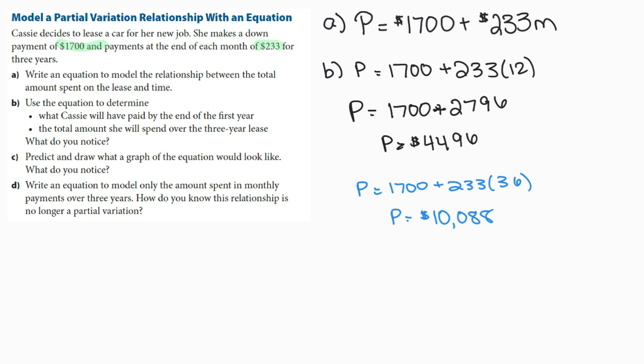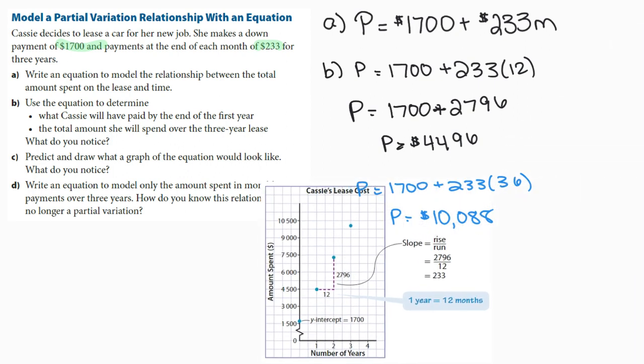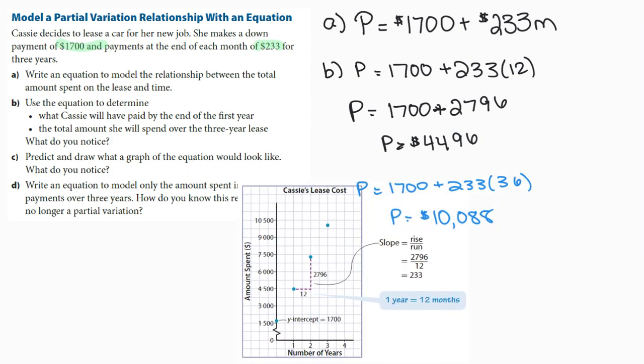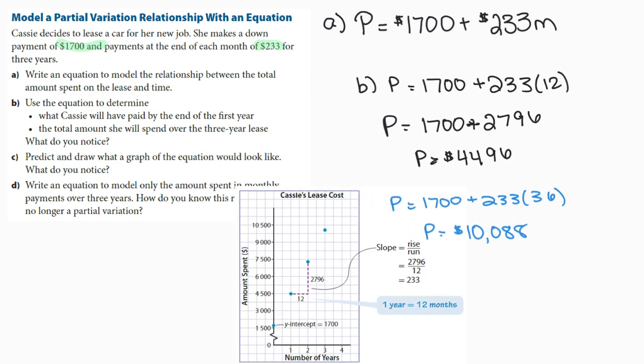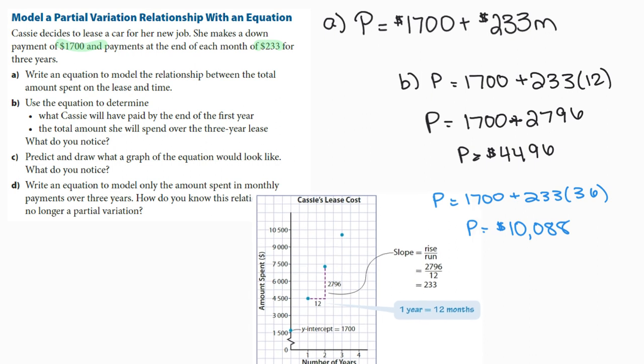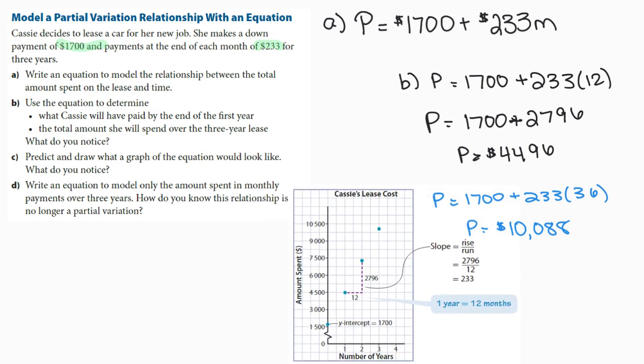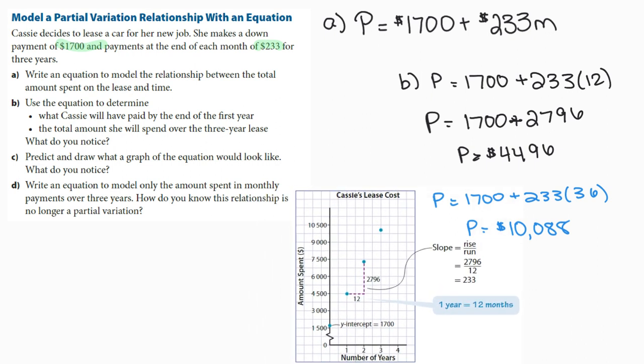So what would the graph look like? You could draw your points for every month for 36 months, but that would be a lot. Let me find room to drop this in here. Let's make this a little bit small. Let's move this over. So you could draw a point for every month for 36 months, but you don't have to. Here I just did one for every year.